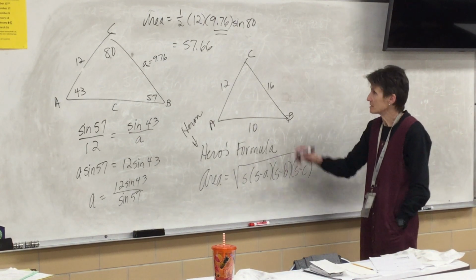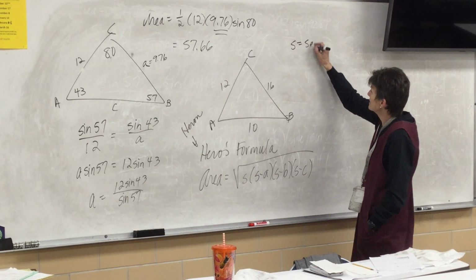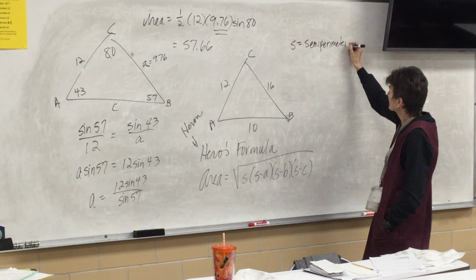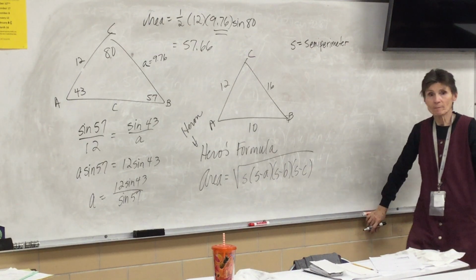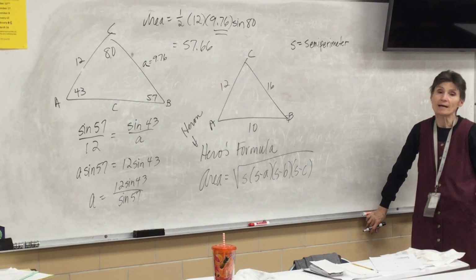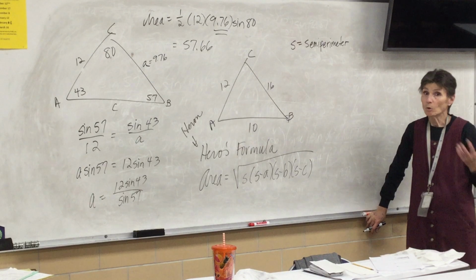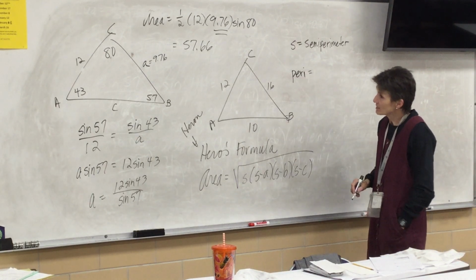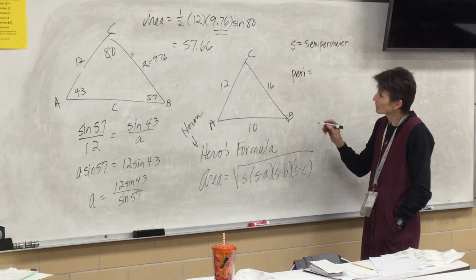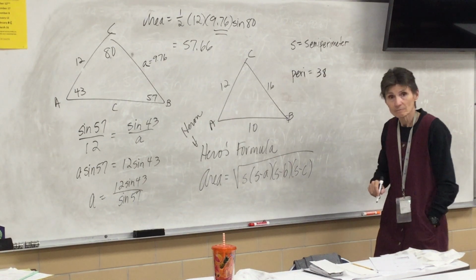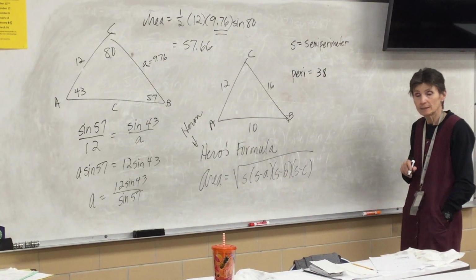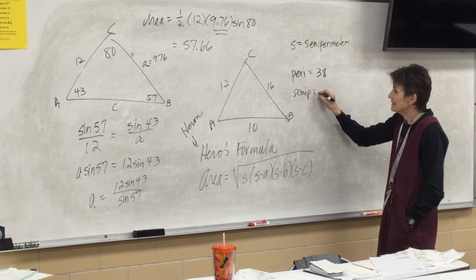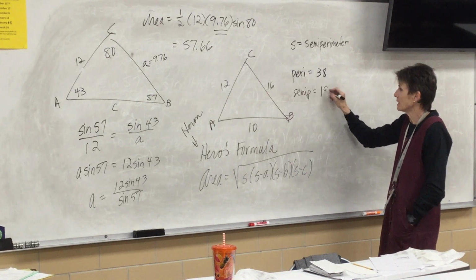Now, what's the S? Well, the S is the semi-perimeter. That's why Hero's formula works if you know all three sides. Because if you know all three sides, you know the perimeter, for this one it is 38, perimeter, distance around, and then the semi-perimeter is half of that, or 19.